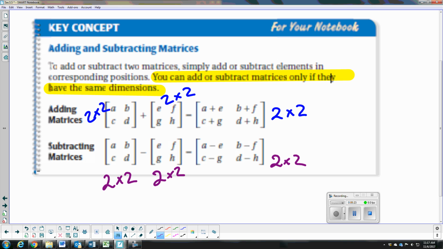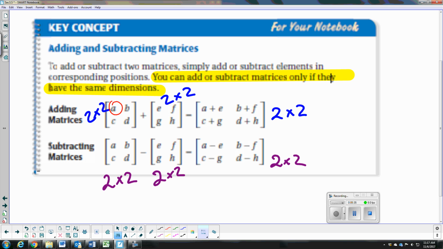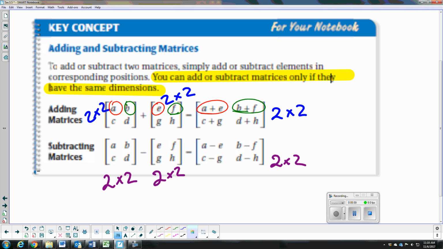So to add matrices, we need to add the elements in corresponding positions. So A plus E, the first row, first column, gives us the first row, first column of our new matrix. B plus F, first row, second column, gives us first row, second column.